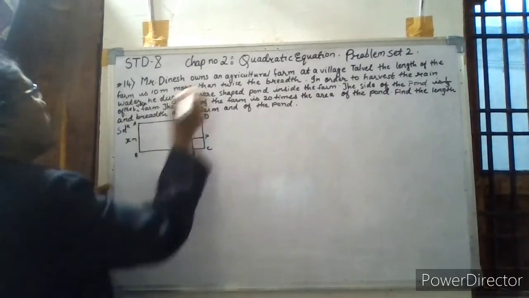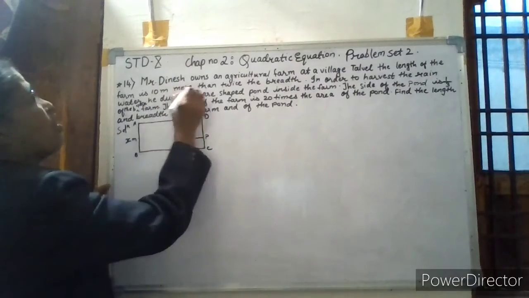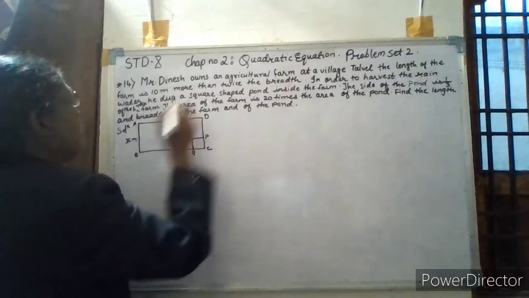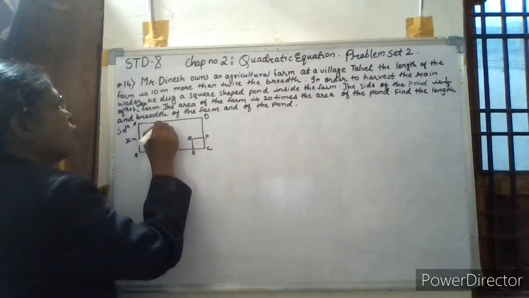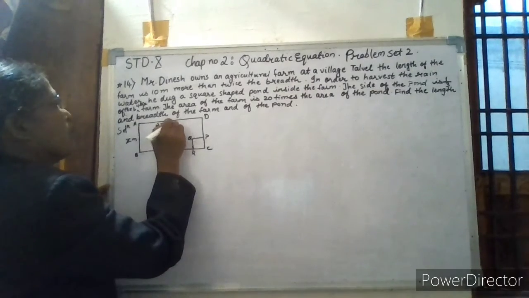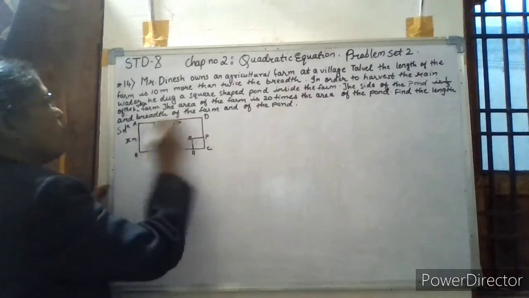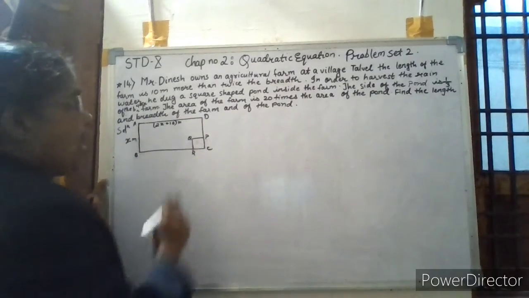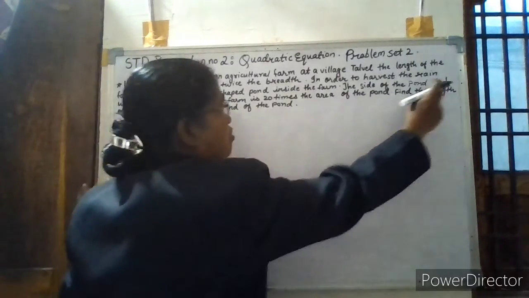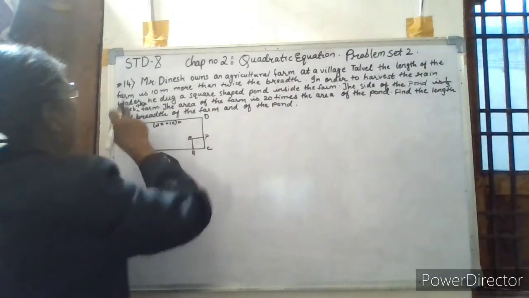So, length is what? Length is 10 more than twice the breadth. That means 2x plus 10. This much meter is the length of the farm. And the side of the pond is 1/3 of the breadth of the farm.